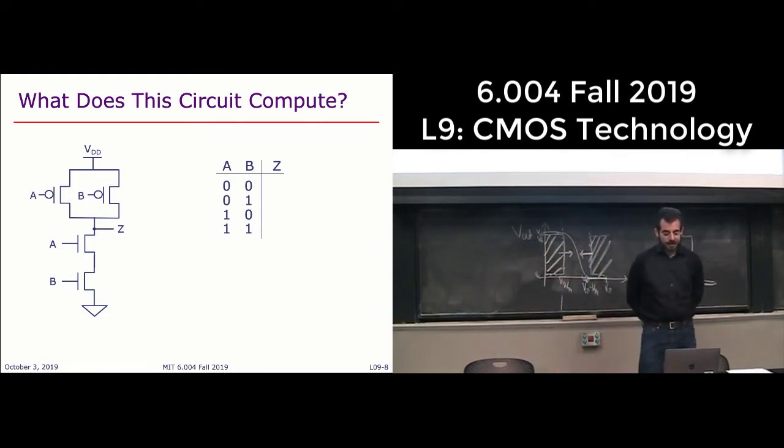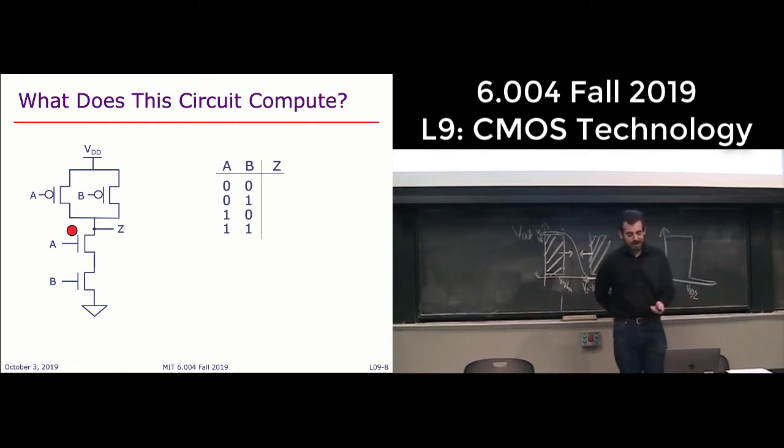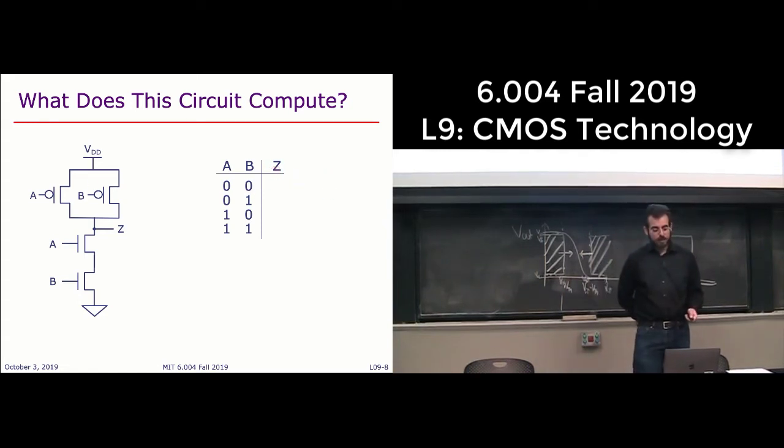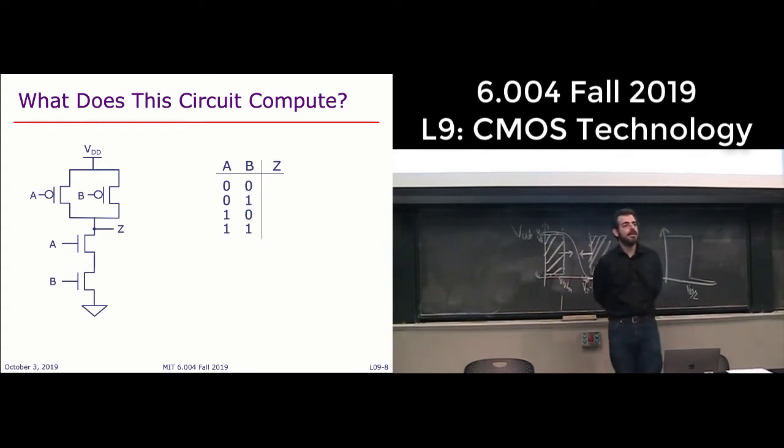So, without going all the way to voltages, if I have a low voltage, a digital 0, at the input A and also a 0 at the input B, what's the output? Is it 0 or is it 1? Is it low or is it high?